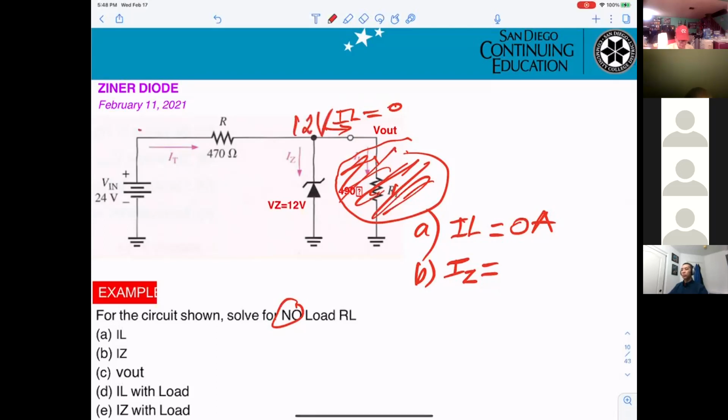And this side will be 24 volts. So it's easy to calculate: the current will be 24 minus 12 divided by 470. Okay.